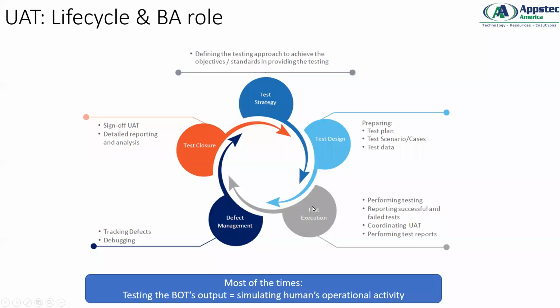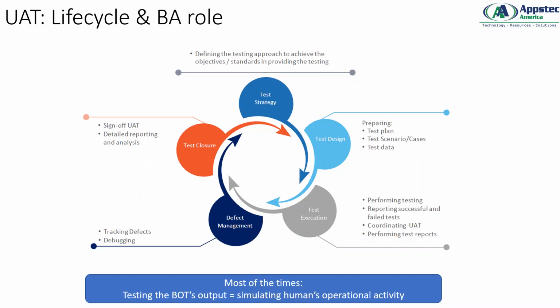If we look at the UAT lifecycle and the BA role, this diagram shows you the various cycles of the UAT. First we start with the test strategy. You define the testing approach to achieve the objectives or standards of the testing.